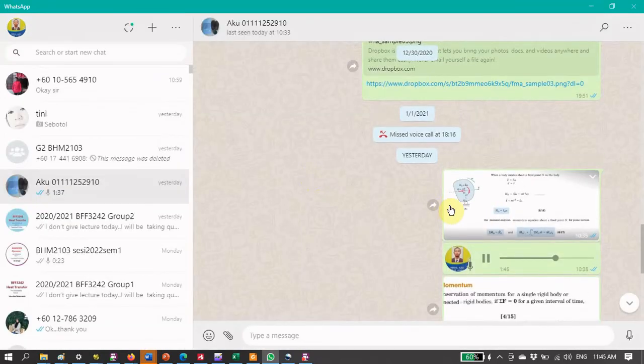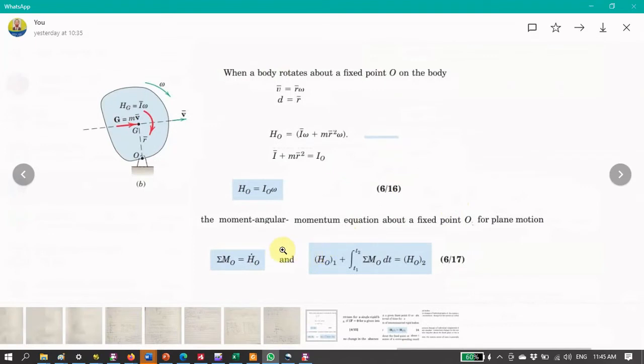And similarly, we can express again the angular momentum of the rigid body about the fixed point by equation 16. The moment-angular momentum equation about the fixed point for the rigid body moving in the vertical plane is given by the summation of all moments about the fixed point equal to the rate of change of angular momentum about the fixed point.